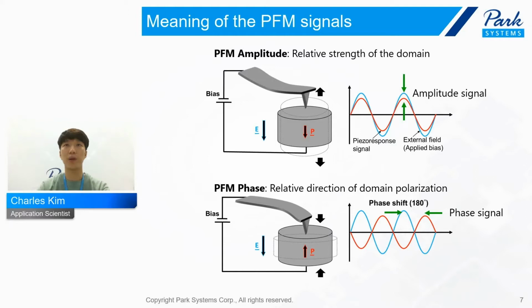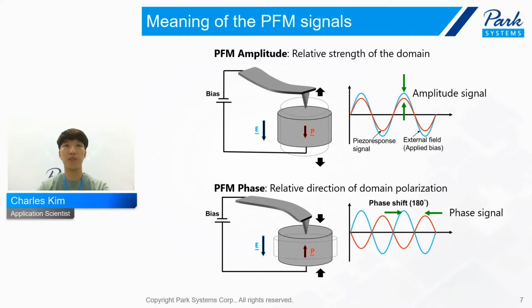Then we can compare: such an area has high deflection, which makes a larger amplitude signal, but somewhere has small deflection, that means small oscillation, and it is going to make a small amplitude signal. Then from that information, we can guess where has the strength of the domain and where has the less strength of the domain.